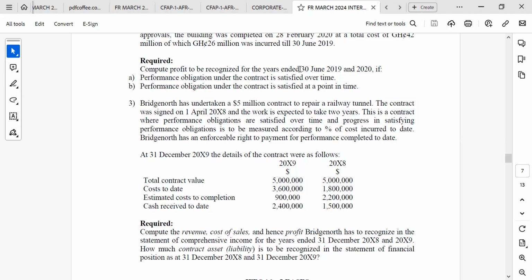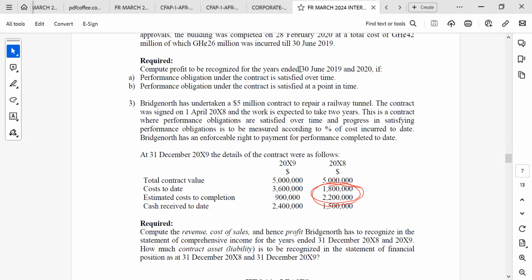So in 20X8, if we want to complete the contract, what will be the total cost that we are going to incur? I want to hear the figure well. 4 million. Okay, that will be 4 million.